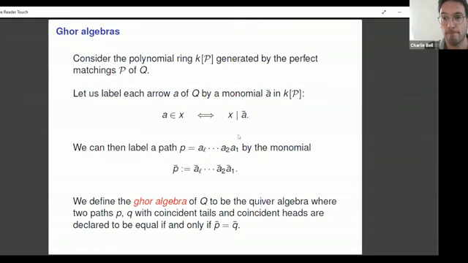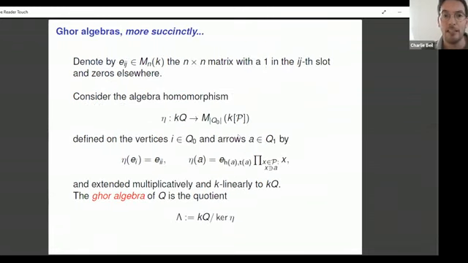Okay, and here's another way you could state this more succinctly. Denote by E_ij the n by n matrix with the 1 in the ij slot and zeros elsewhere. And so consider the algebra homomorphism eta from the path algebra to this matrix ring over the polynomial ring generated by the perfect matchings. And then we can define on the vertices, eta of e_i, the vertex e_i gets sent to E_ii, so the diagonal matrix.